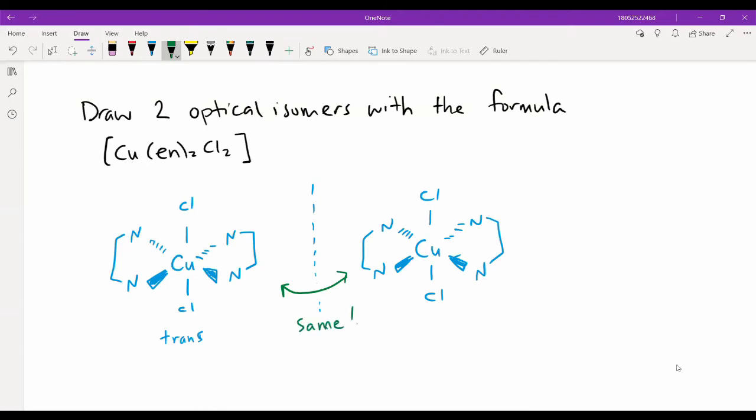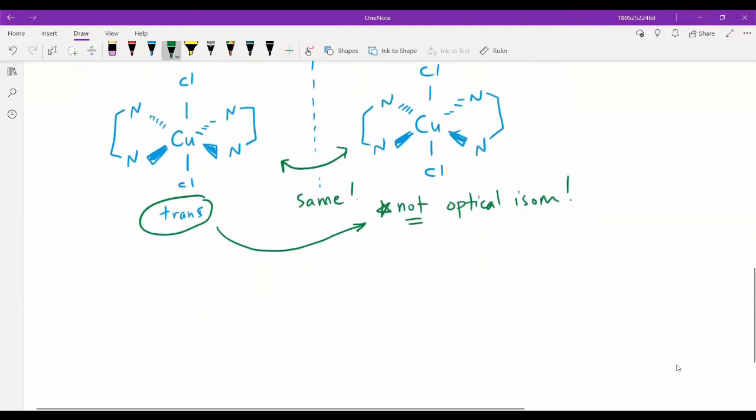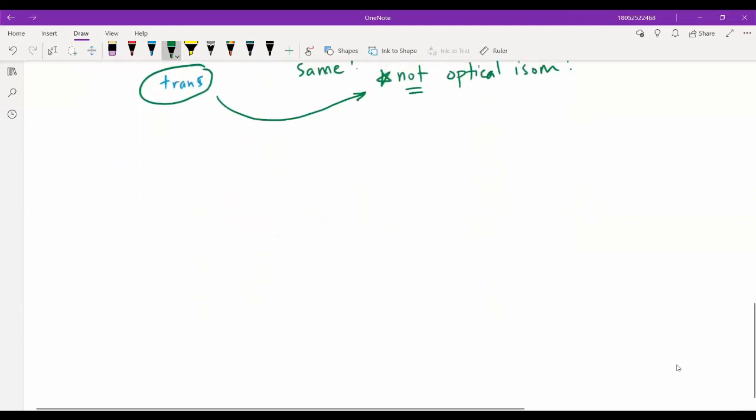So not chiral, or not optical isomers. Again, having this trans concept, the better, more legitimate definition is that there is symmetry in this molecule, which prevents it from having optical isomerism. So if there's a symmetry plane in your molecule, you won't have this property.